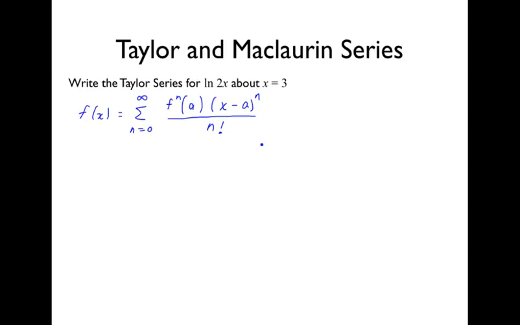If this series converges for a particular value of x, it will converge to the value of the function at x. But what does it mean about the sequence? The sequence must go to 0.